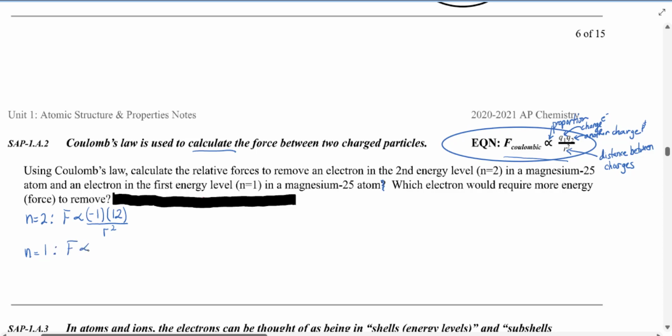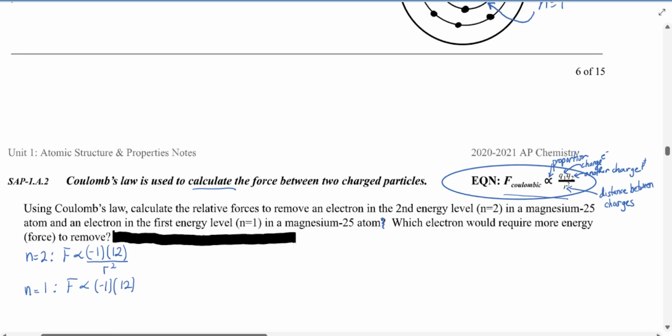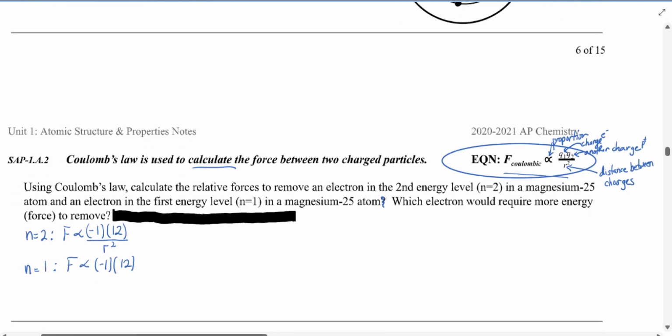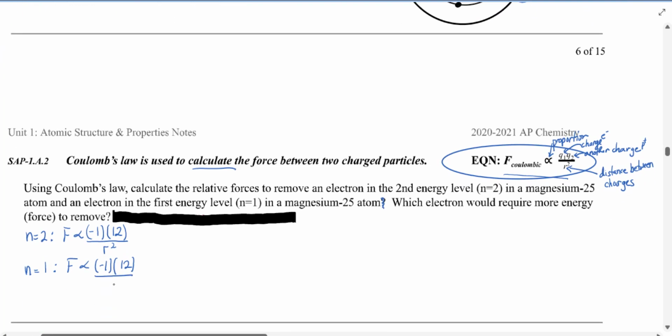Our force is going to be proportional to the charge of an electron times the charge of the nucleus, what keeps it inside the atom, and divided by r squared. Okay, so here's the caveat.